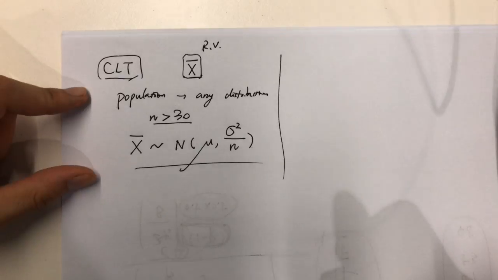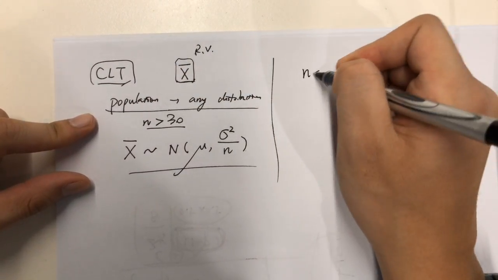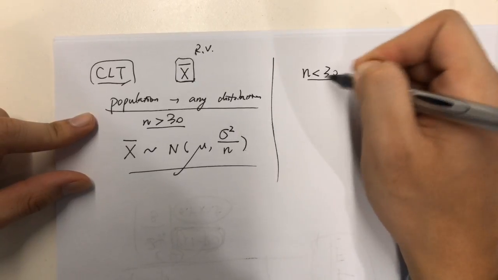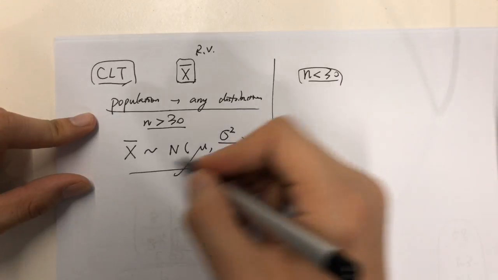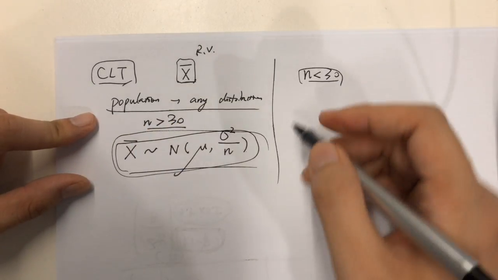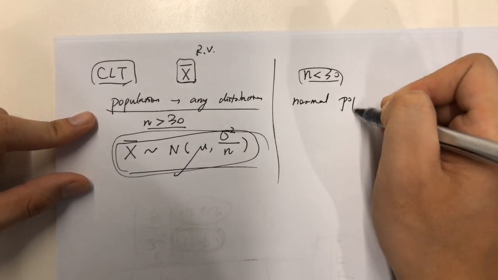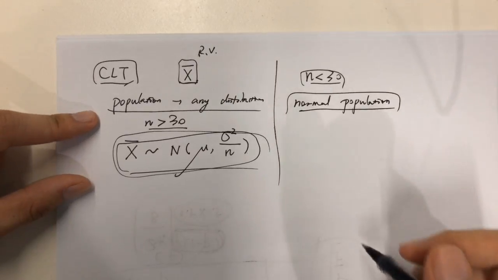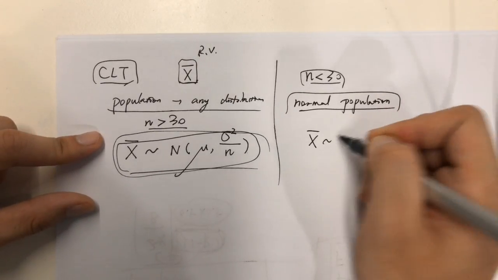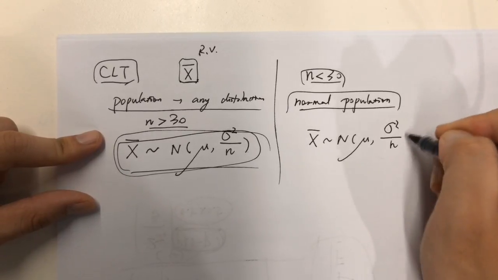Okay, and some of you might ask, what if n is not greater than 30 and n is less than 30? What can we do? If we still want to use a normal approximation, then we must require a normal population. If the population is normally distributed, then x bar still follows a normal distribution with mu and sigma squared divided by n.